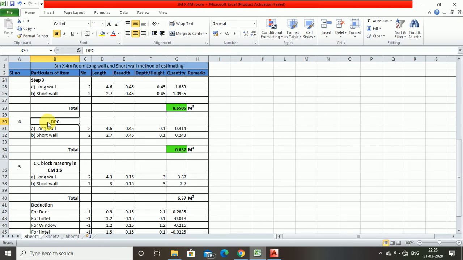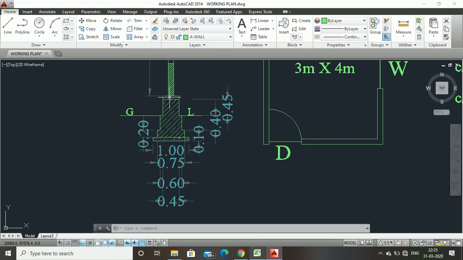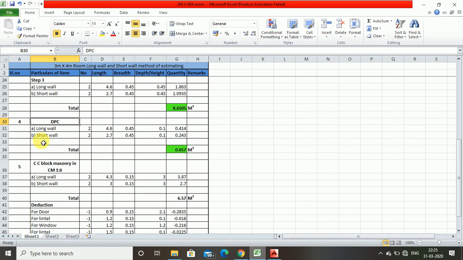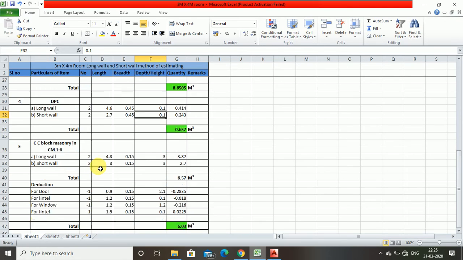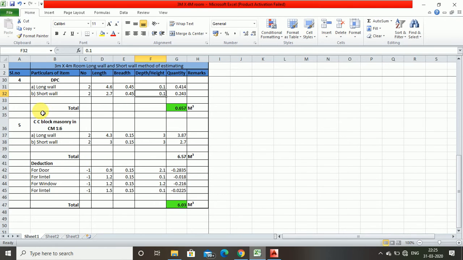Now over the SSM we have DPC, that is damp proof course. This is the damp proof course. Only the thickness is changed as compared to step 3. Now the CC block masonry, the main thing is CC block masonry, the long wall and short wall. The long wall will be 4.15 center to center distance plus 0.15 by 2 plus 0.15 by 2 as the outward distance.